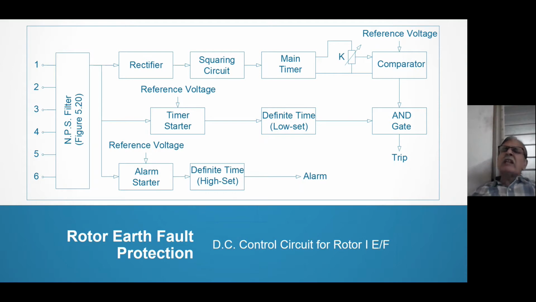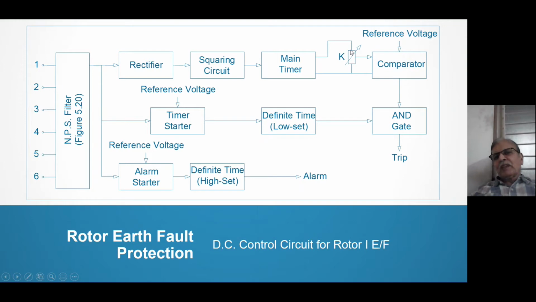It varies very widely, from 2 to around 80. For steam turbo alternators the value of K is different, for hydro alternators the value of K is different. So you have to set that K. K is settable; you can see on the K resistor the variable sign is there.